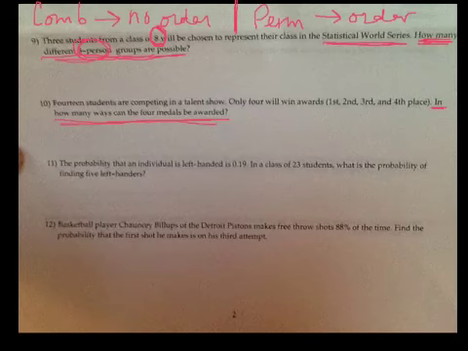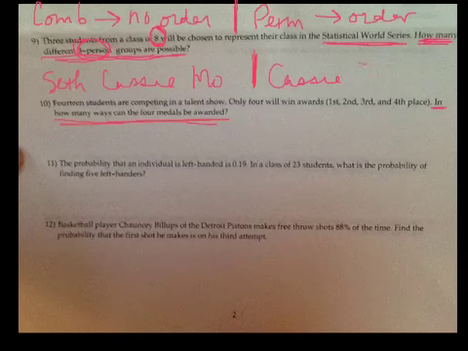So order doesn't matter. If I chose Seth and Cassie and Mo to represent our class, and then I reported it and got the names mixed up and said our 3 people are Cassie, Seth, and Mo, that's not a different group. Same group. Order doesn't matter, so that one's a combination.